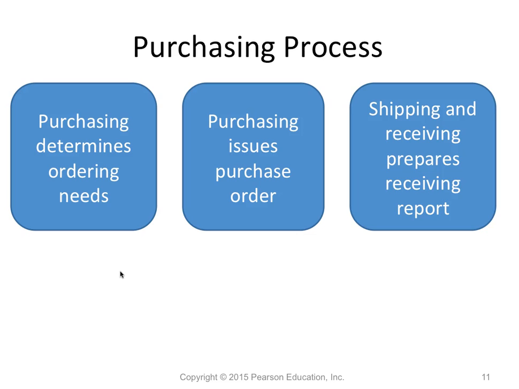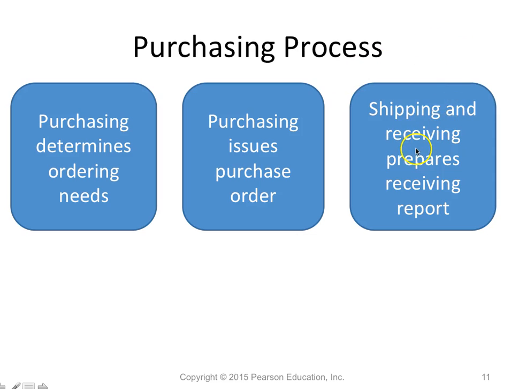Purchasing process. Purchasing determines order needs. So we are going to need 50 of these, 50 of that, 100 of these, 100 of that, and so on. The purchasing department issues a purchase order, and the purchase order will be sent to the vendors.